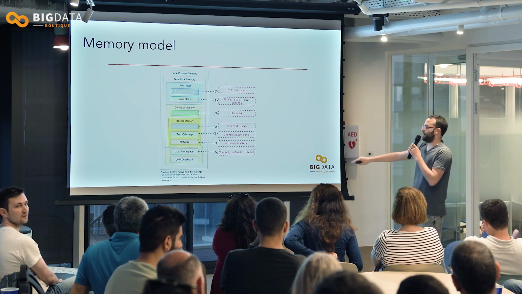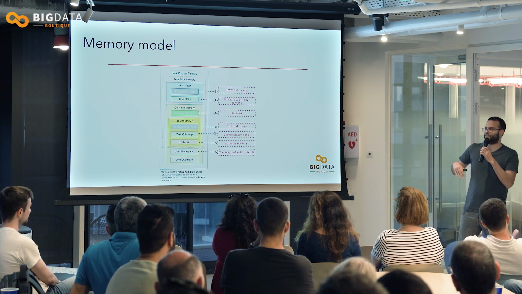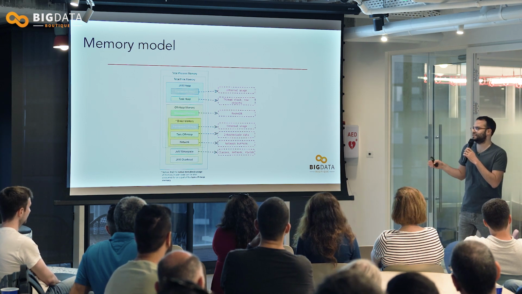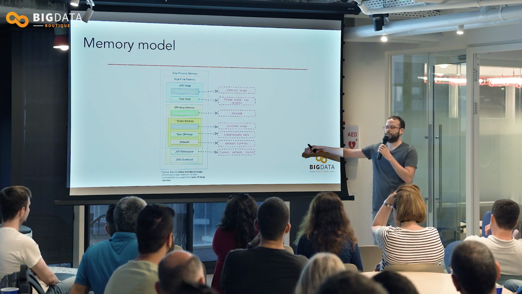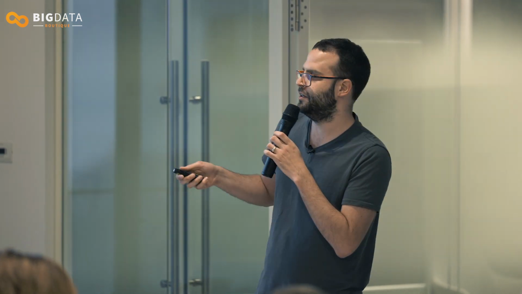So those network buffers are going to be used. And we want to make sure that there are always available network memory segments. There are 32 kilobyte chunks that are used as memory segments. And we want to make sure that those are available.